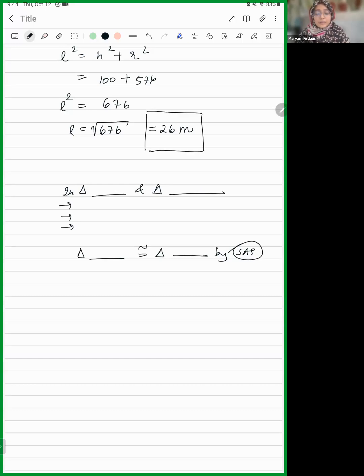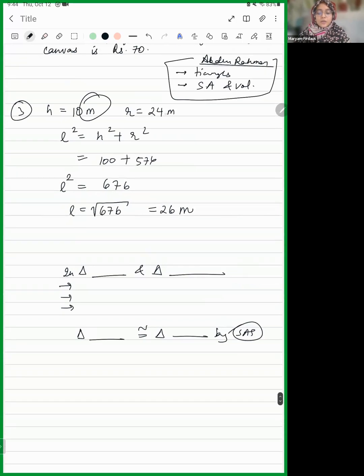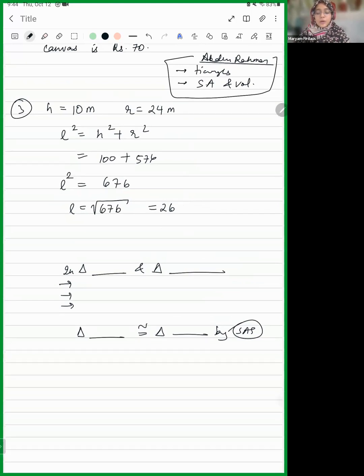The units are very important. If you don't mention them, your marks might be deducted. So always mention the units. For example, over here it was meters, so we have to write meters. You can't just write centimeters, then your answer will be wrong. So this is about the units.